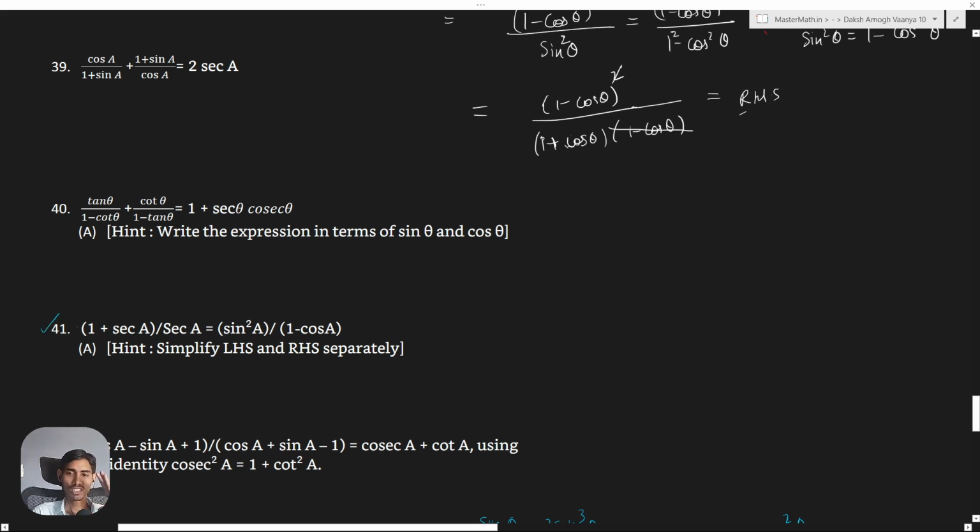There are 3-4 questions that are a little bulky and lengthy to solve, but conceptually things are okay. Any difficulty till now? We are just using square identities, all these things, right? So it's not much difficult. 41, please attempt it. Try this yourself. I'm tired of helping you guys.